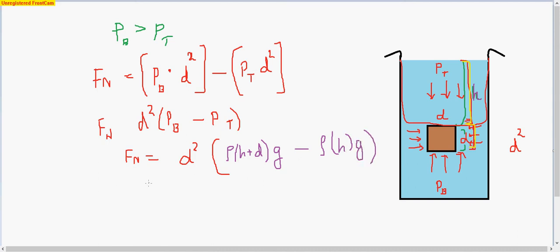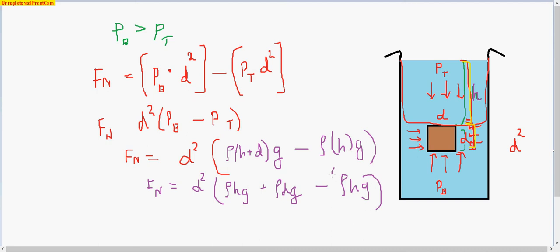Now we expand this equation. D squared into rho HG plus rho DG minus rho HG, right? Now that's how we expand it.